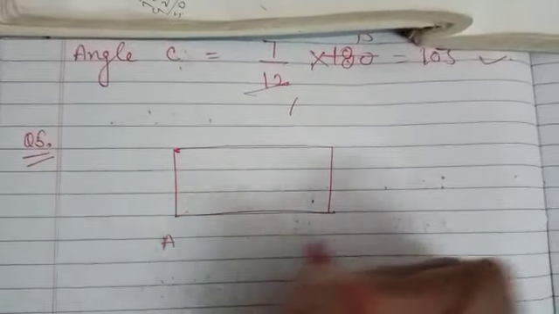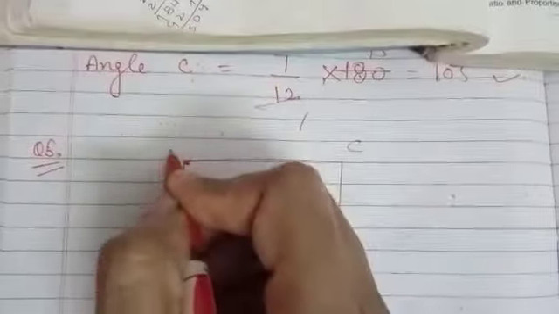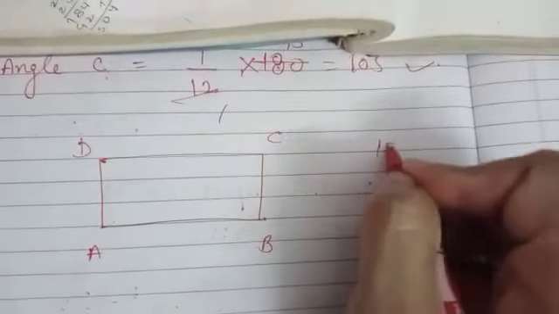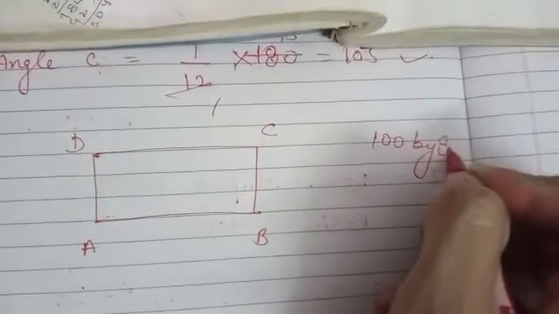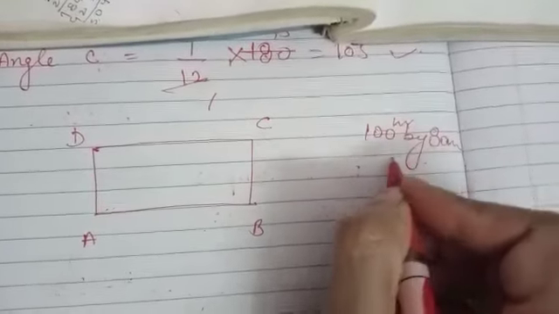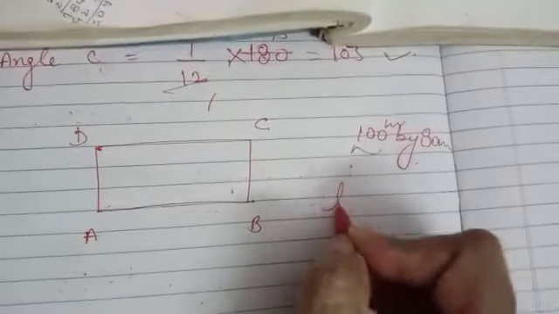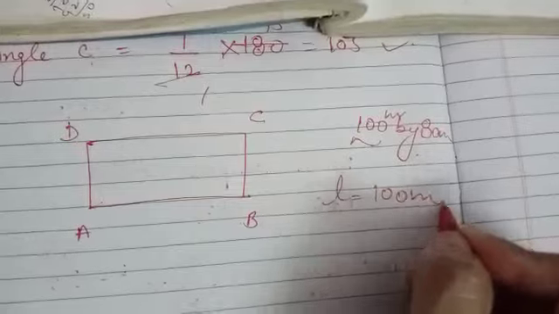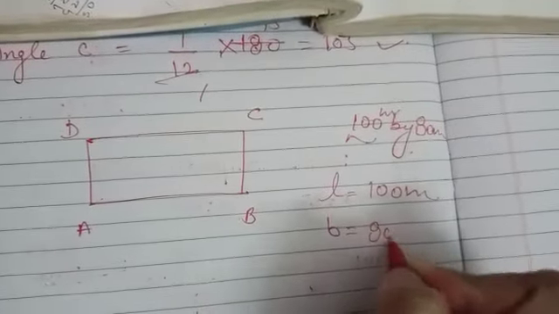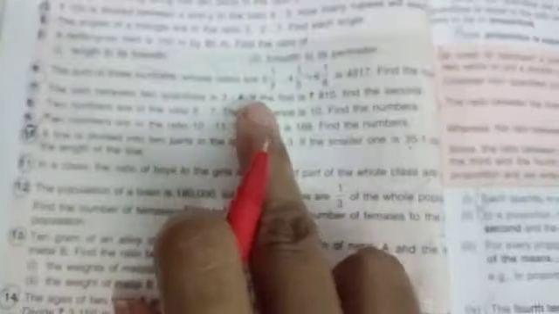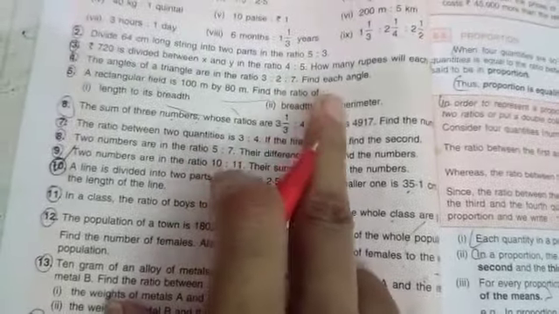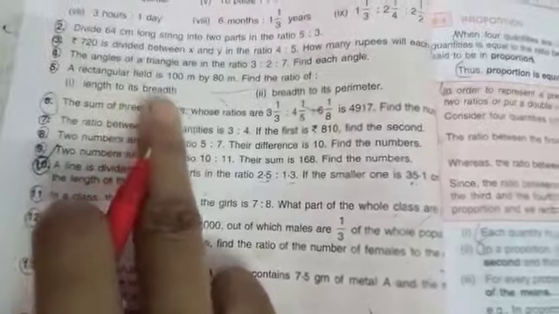We can do its naming A, B, C, D. And here is written it is 100 by 80 meter, right? 100 by 80 meter means that length is equal to 100 meter and breadth is equal to 80 meter. Clear? And find the ratio of length to its breadth.